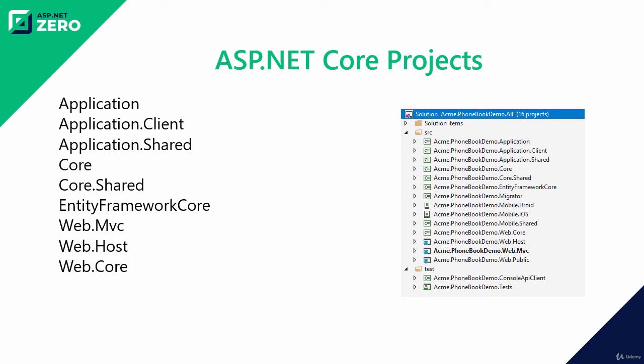Web.Core contains some shared code used by the MVC and the host project. And Web.Public contains, well, a separate public website. We won't be exploring that one any further in this course. The Migrator project is used for database migrations with EF Core. Finally, there are also several test projects containing the unit and integration tests for the application.